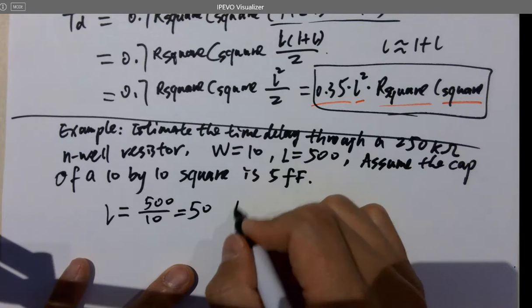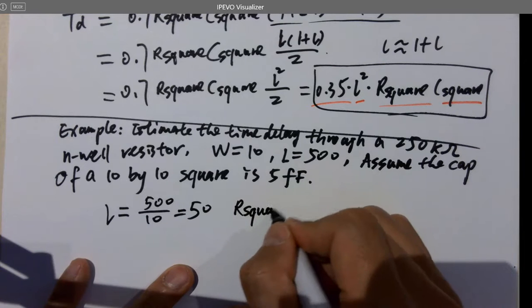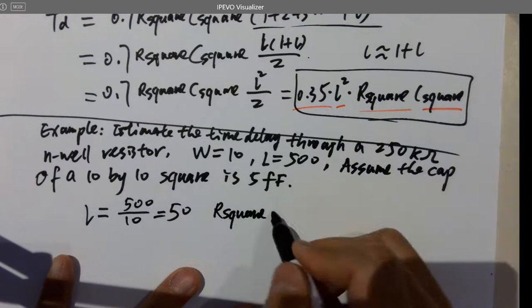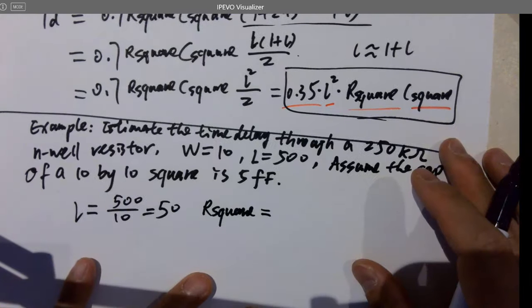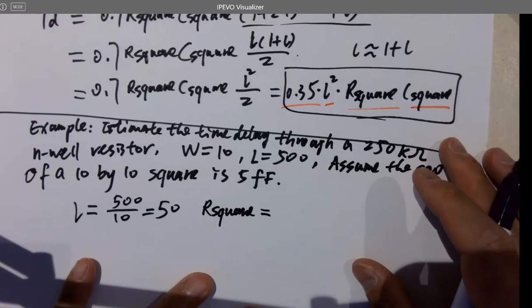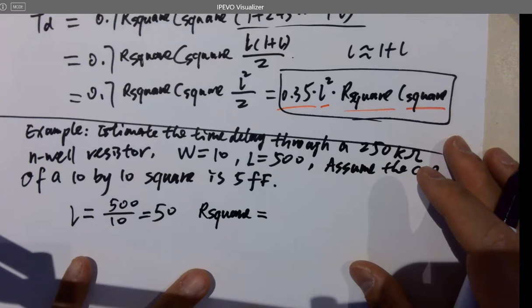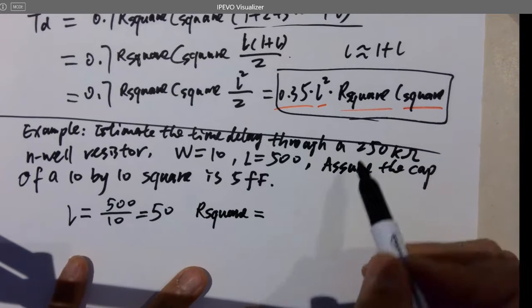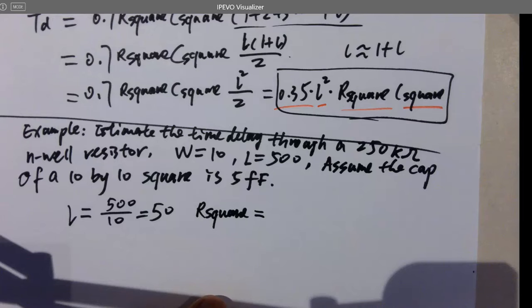What is R square? Take it easy. The overall resistance is 250 kilo ohms, right? And there are 50 squares. So what's the resistance per square? Yeah. 5 kilo.